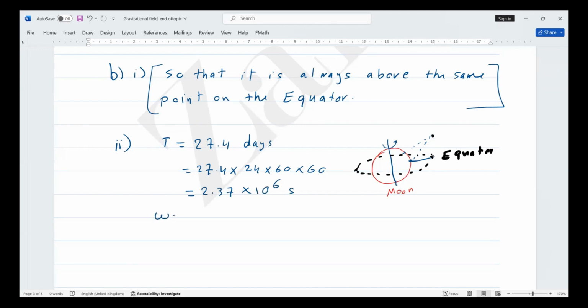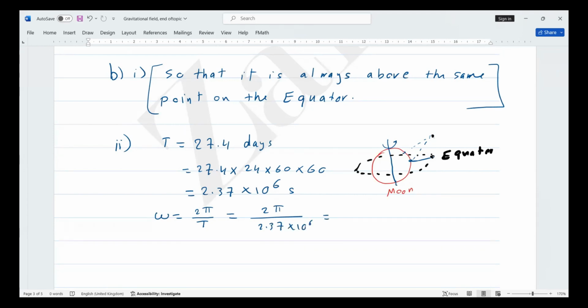What is omega, the angular speed? It's 2 pi over the time period. Then it's 2 pi over 2.37 times 10 to the power 6.